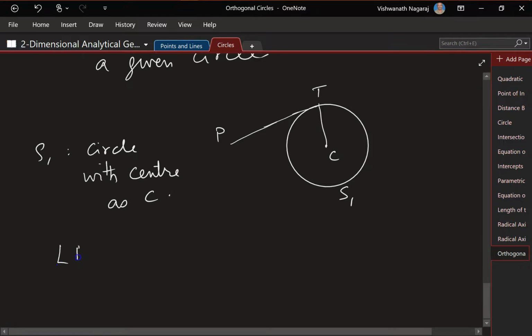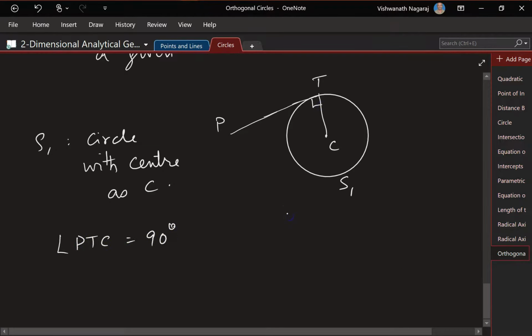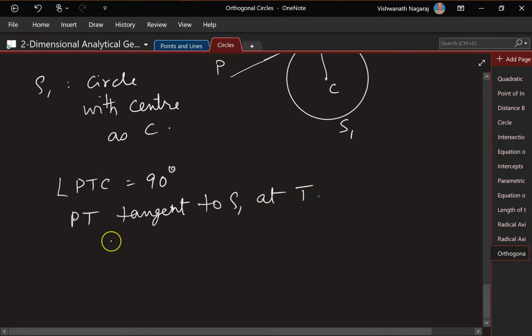Now angle PTC is equal to 90 degrees, right? PT is tangent to S1 at T. Remember, this is because the tangent is perpendicular to the radius at that point.